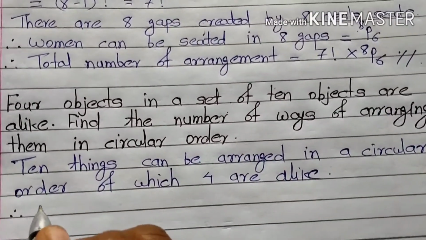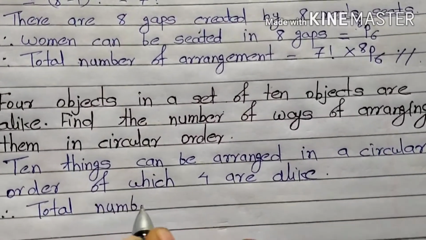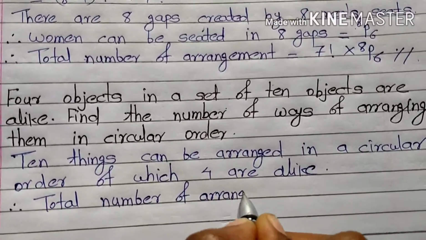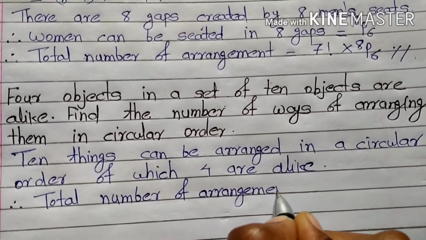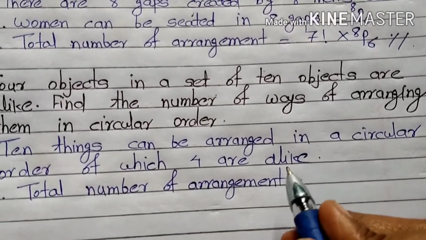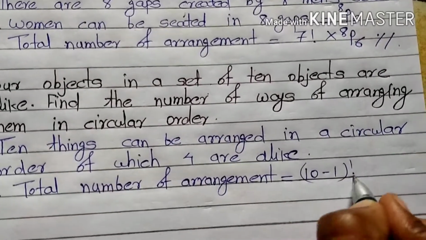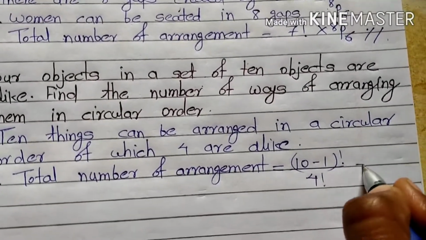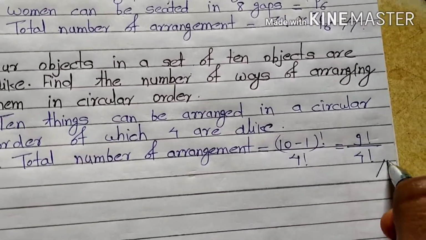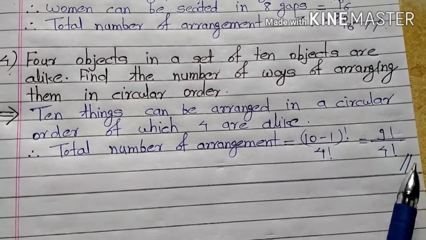So therefore the total number of arrangements is equal to (n minus 1) factorial upon m factorial. So here n is 10, 10 minus 1 factorial upon 4 factorial. So that is 9 factorial upon 4 factorial. So this is also enough. If you want then you can solve it, but it is enough.